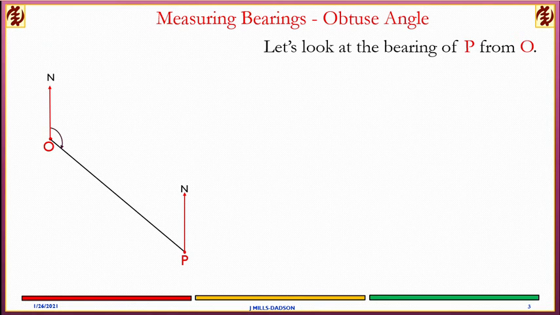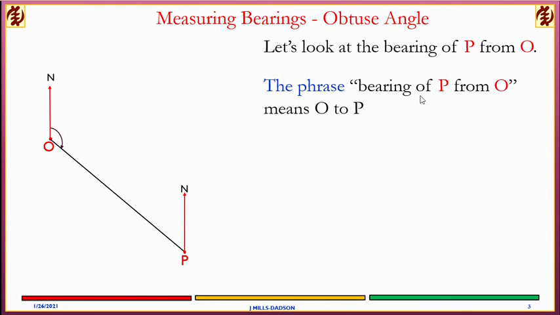You're supposed to measure the bearing of P from O. Whenever you hear the keyword from, it means O to P. Bearing of P from O actually means O to P. It's a little phrase you need to understand. So you need to start at point O and not P. Always remember the keyword from.